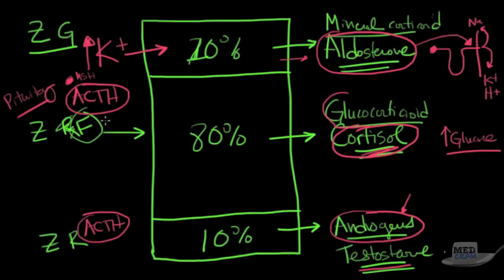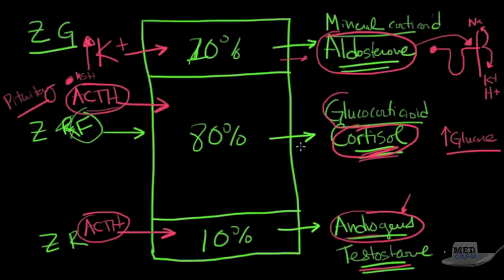Okay? And there's a negative feedback inhibition. ACTH stimulates the fasciculata, and ACTH also stimulates the reticularis to make androgens and cortisol. If, for some reason, this is not doing its job, you're going to get more ACTH. Why is that?